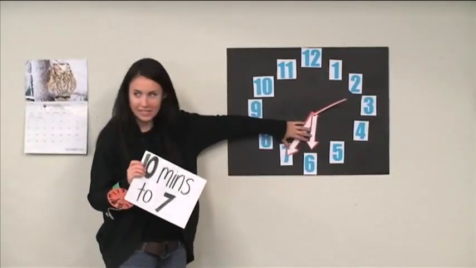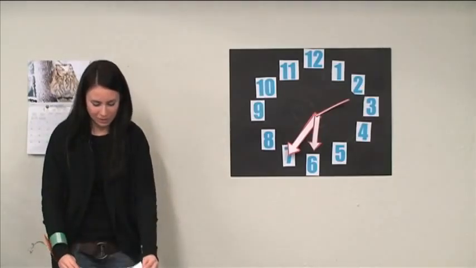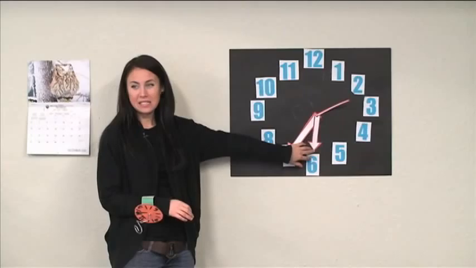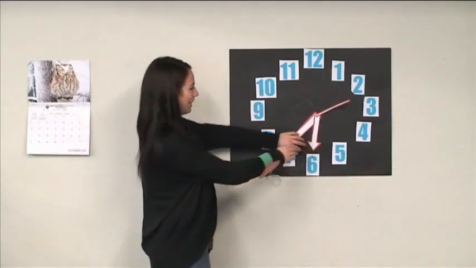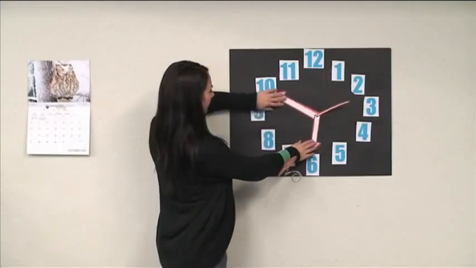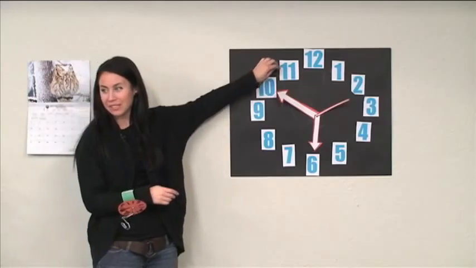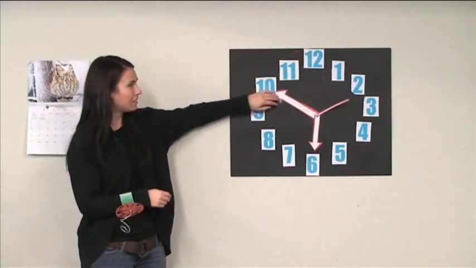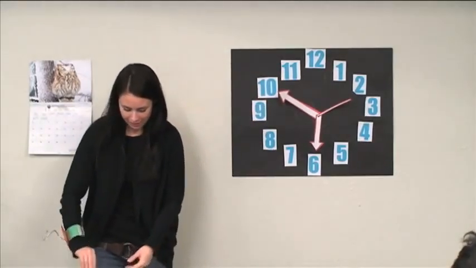Or is this one on the 6? Yes. Okay. So this is a really good attempt. 6 o'clock is right. 10 minutes to 7 means that you're in the 6th hour, and you're going to go up to 10 minutes left. So you go to 7, and then you take 10 minutes away, and then you have 10 minutes to 7. So you're right about the 6 o'clock hour.